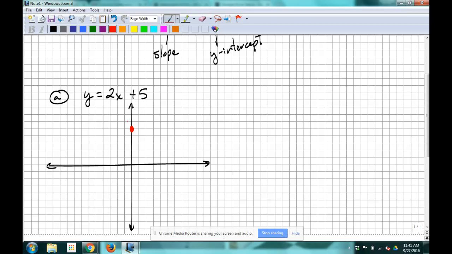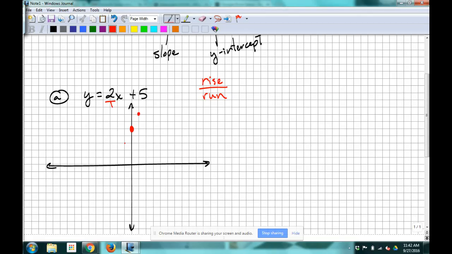Anytime you have a slope, you want to think about slope as a fraction. How do I write 2 as a fraction? 2 over 1. And slope, remember, is rise over run. So we start at this first dot and count up 2, right 1, and that's where our next dot would be. We could do that again, up 2 over 1. Why is it the same line if I go down 2, left 1?